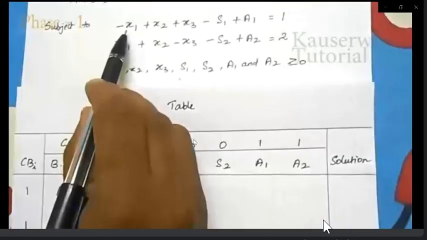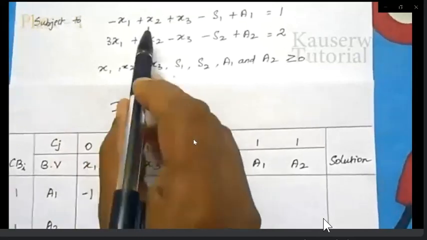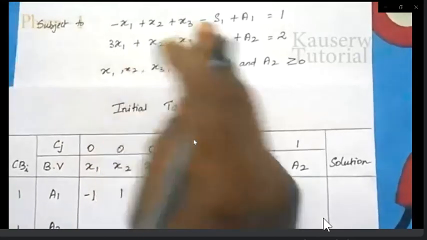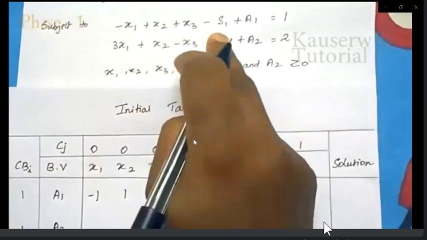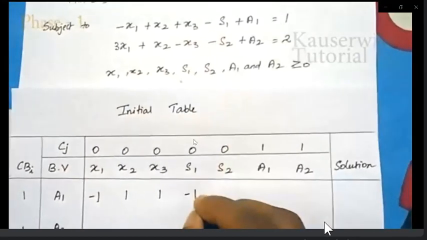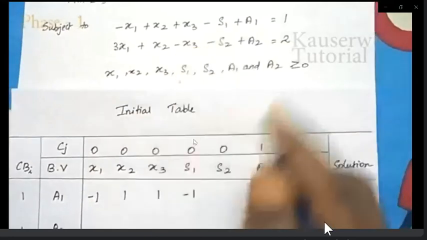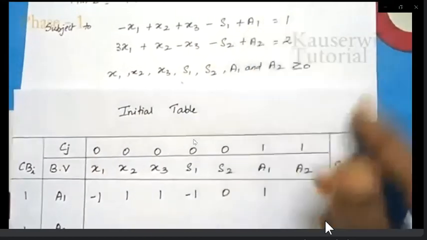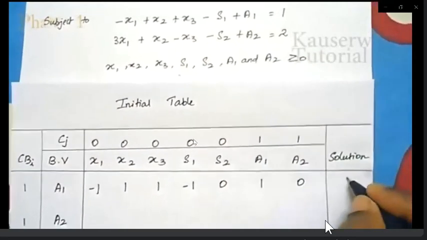See the first constraint: minus x1, so minus 1; plus x2, put 1; plus x3, 1; minus s1, so minus 1. No s2, so 0. A1 value is 1. No a2, so 0, equal to solution 1.